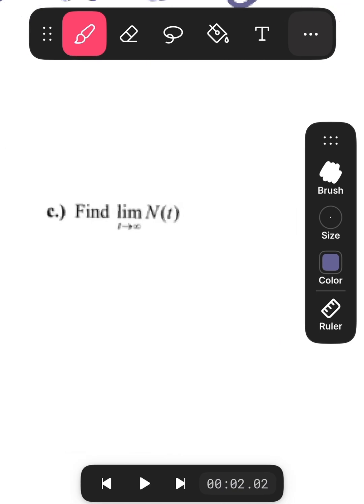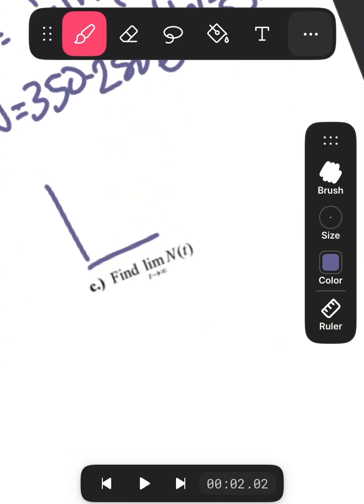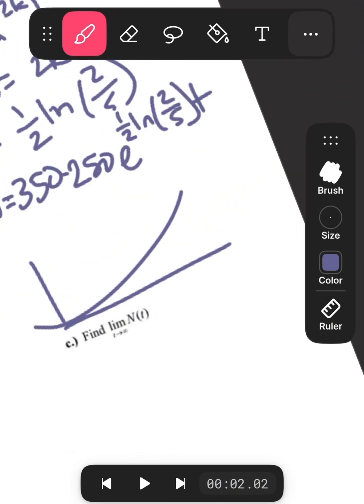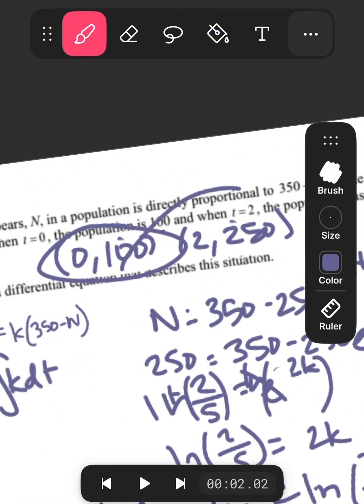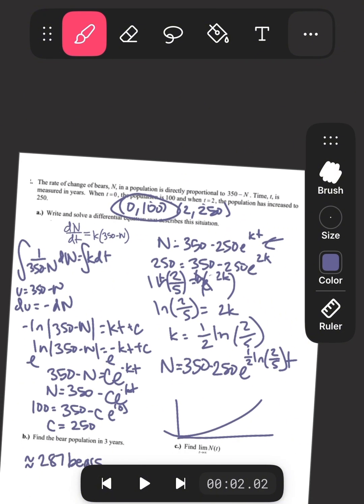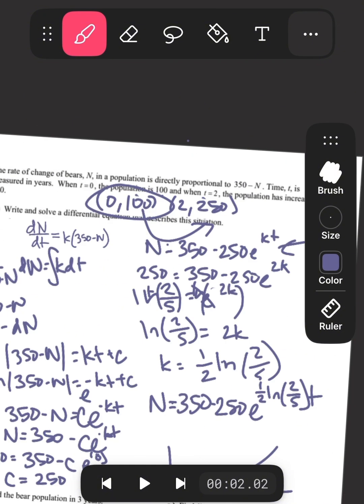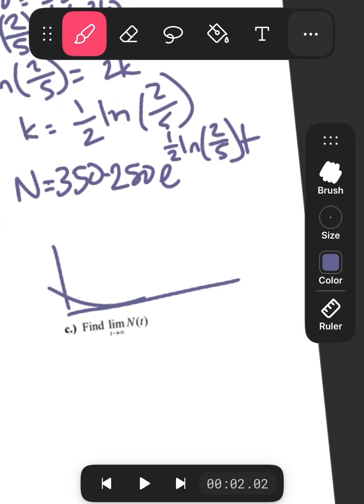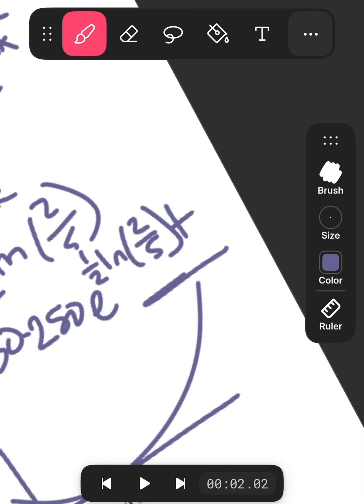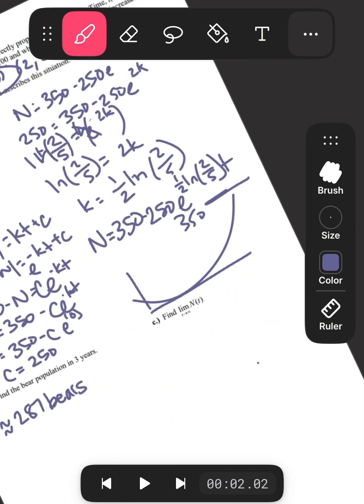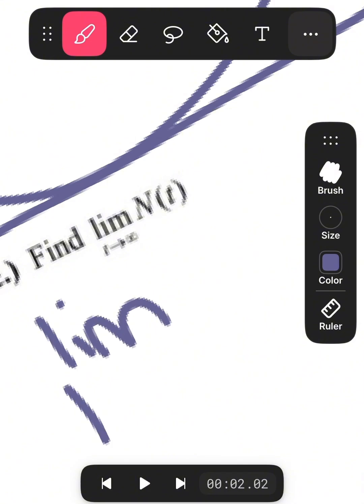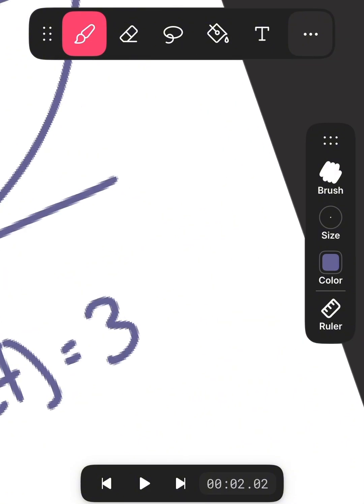The population is increasing, going from 100 to 250, so this is an exponential growth function, and that means that we're slowly approaching the maximum of 350. So the limit as t approaches infinity of N of t is equal to 350.